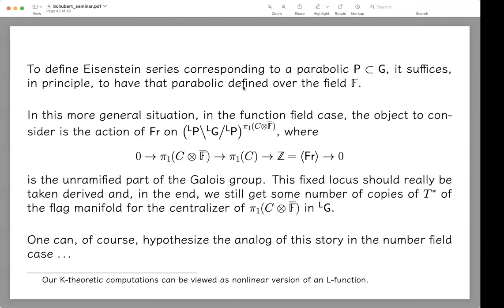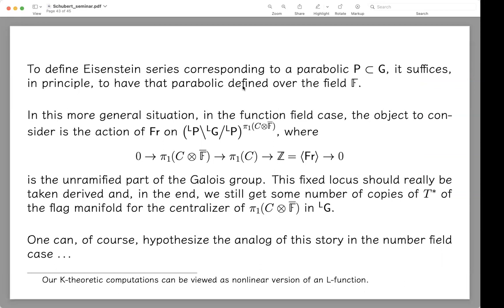When we get that T star, we get the T star of a flag manifold, and the remaining action was the action of Q by scaling the cotangent directions.